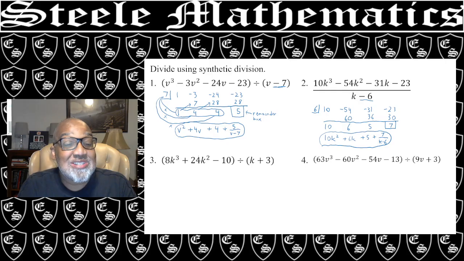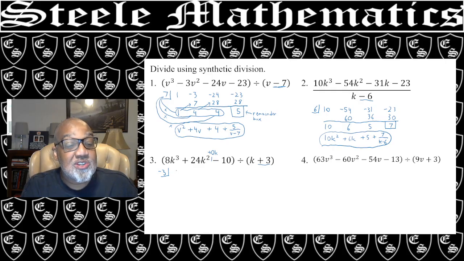That means if you don't see a k term, then you should see 0k right in here. Therefore, you would draw your remainder box. This is positive 3. Therefore, what goes in the half box is negative 3.